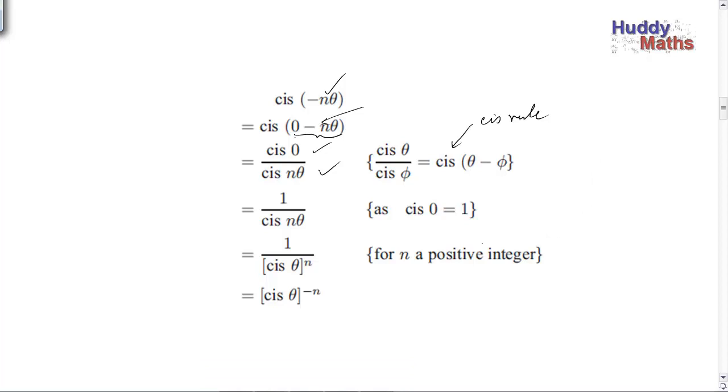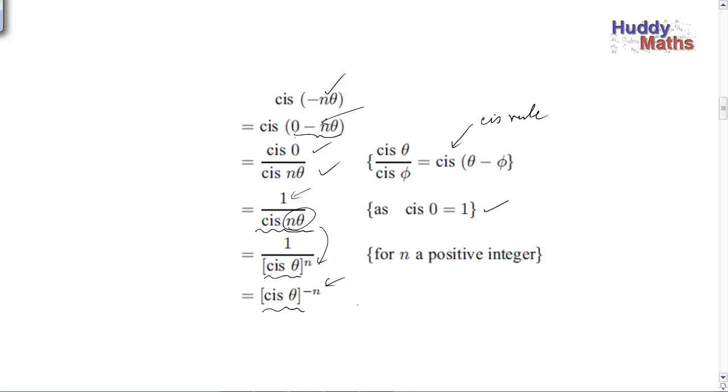You subtract the arguments. That was established earlier as well. So here, therefore, if cis of naught is 1, then this is 1 over cis n theta. And from the properties of cis again, that's 1 over cis theta to the n, n lots of theta. We've just talked about that, where n is a positive integer. So this comes to cis theta to the neg n.